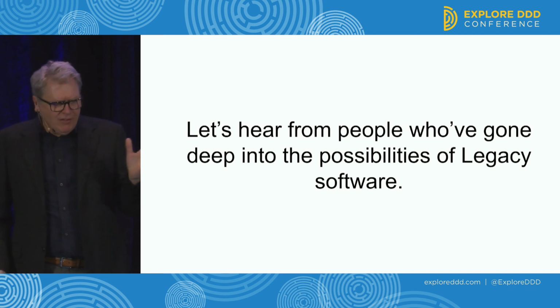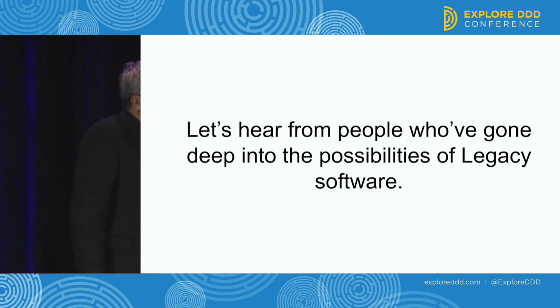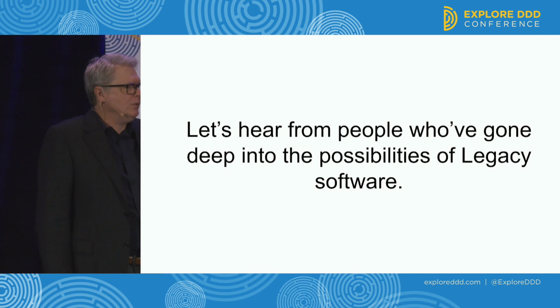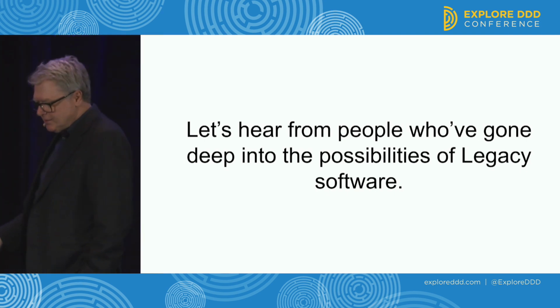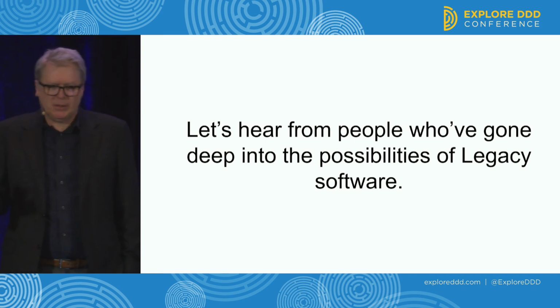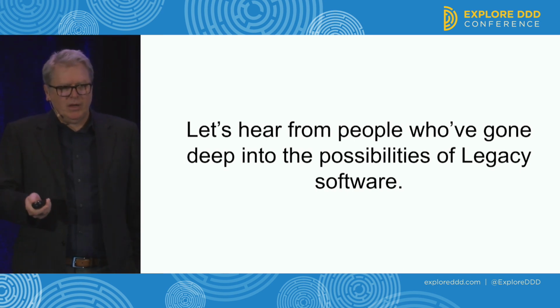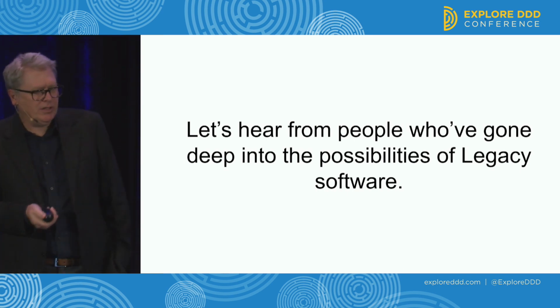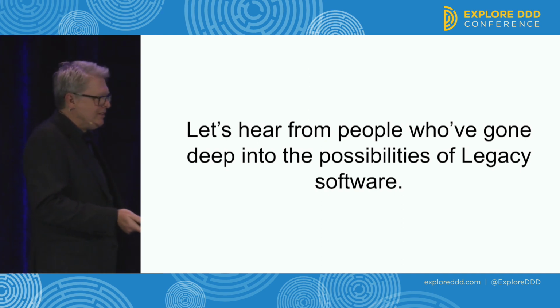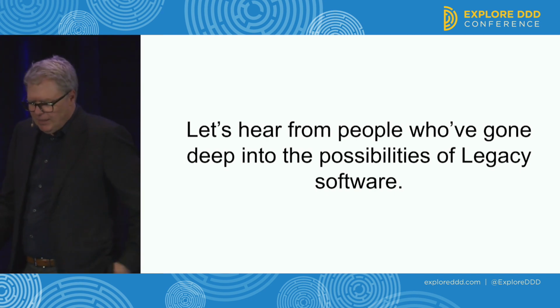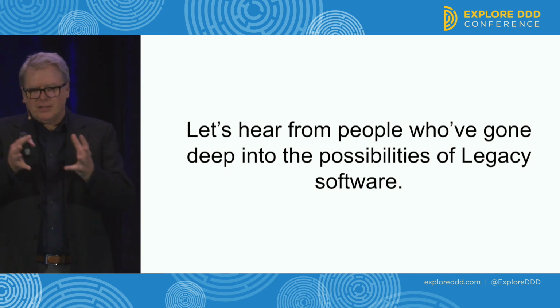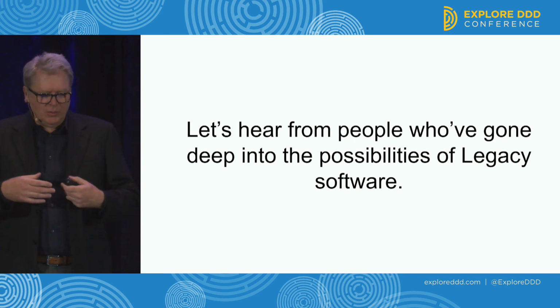I think that there are definitely people out there who have really gone into what we can do with these legacy systems. Can we really improve them and break them down? In one previous Explore DDD, we had Michael Feathers here, who's sort of the totem of that whole area. So I think within that, there'd be certain kinds of things that could be really valuable.